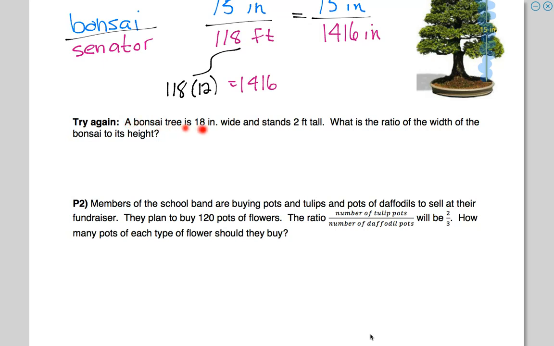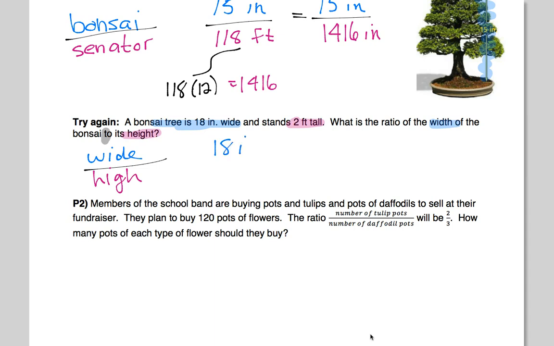So the bonsai tree is 18 inches wide and stands 2 feet tall. What is the ratio of the width to the height? So that means we are going to have wide on top and how high on the bottom. And it does matter. We have to pay attention to the wording there.